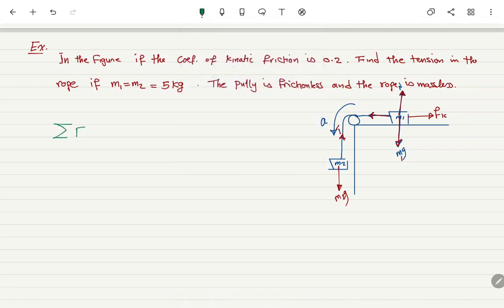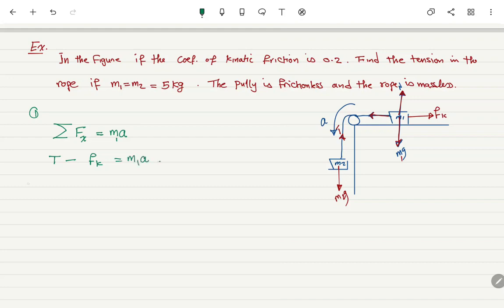Sum of all forces on system 1 on the x-axis is equal to M1a, or in other words, tension minus Fk equal to M1a.